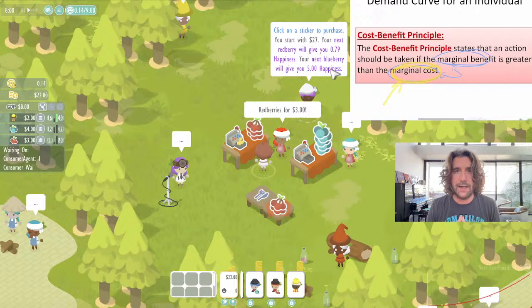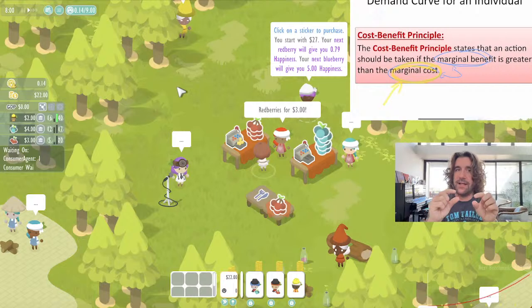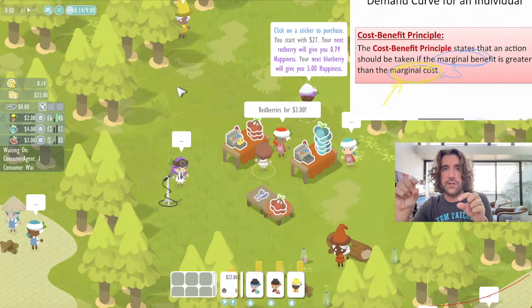Well, the answer to that is to really think about the marginal utility per dollar. If you divide the marginal utility that red berry is giving you by the price of red berries, so divide 0.79 by the price of red berries, then you are going to get the marginal utility per dollar, the marginal utility for each dollar.